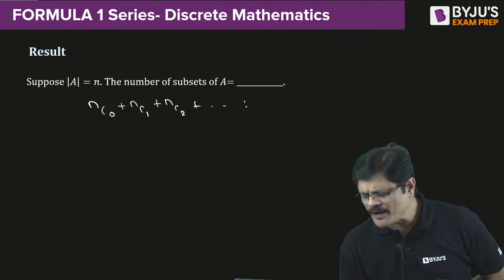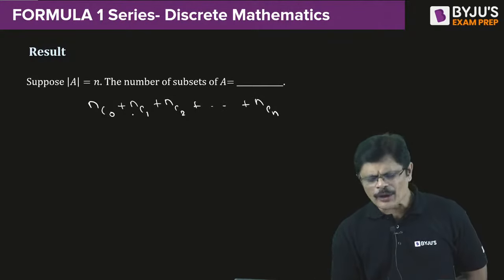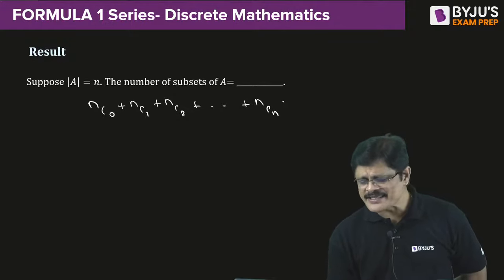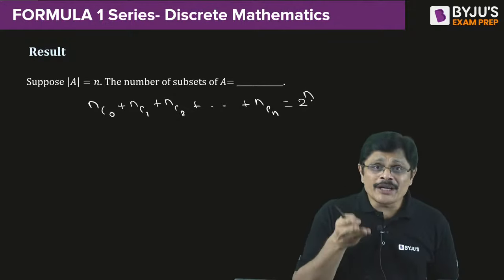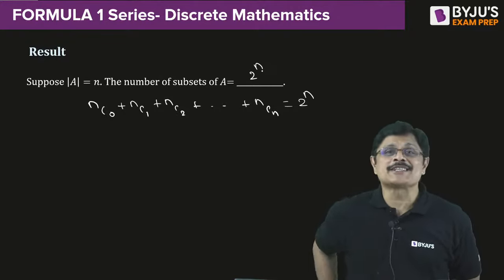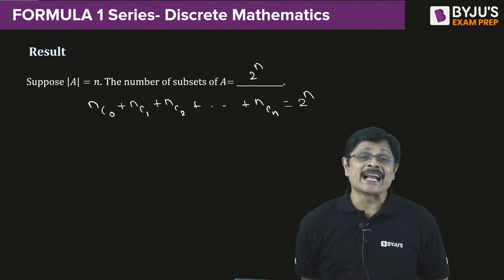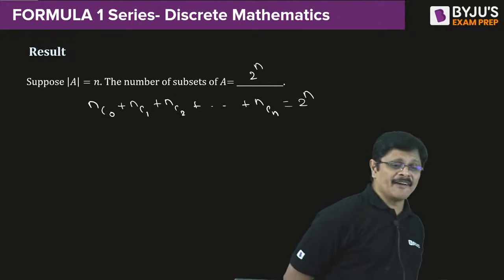And so on, number of n-element subsets, nCn. But you all know nC0 + nC1 + and so on + nCn is 2 power n. This is another way of finding the number of subsets of a set, my dear friends.